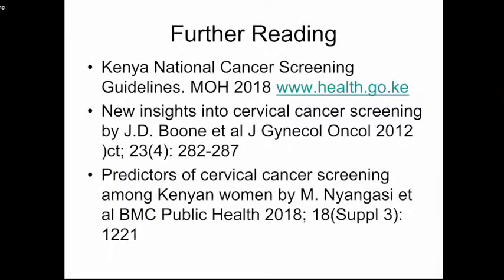So for further reading, I think it's important for you to look at the MOH National Screening Guidelines that were published in 2018. These are documents that are reviewed to conform with current clinical practice. I was part of the team that worked on this document.